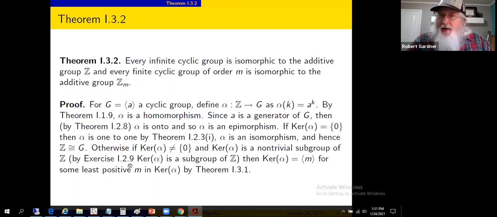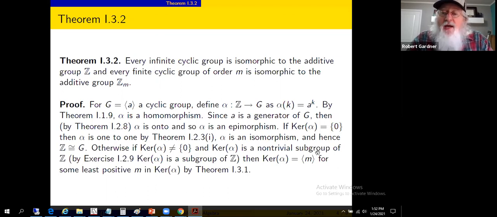Exercise 9 in the previous section, probably you did this in senior level algebra as well, straightforward manipulations of the definition of subgroup and kernel to establish that. But we know the kernel must be a non-trivial subgroup, non-trivial because we're assuming it's not simply 0, of the integers.